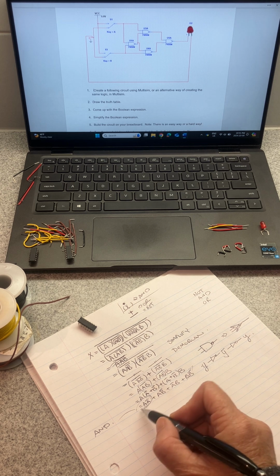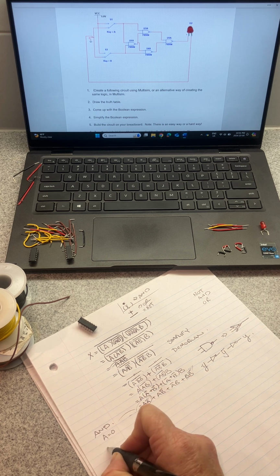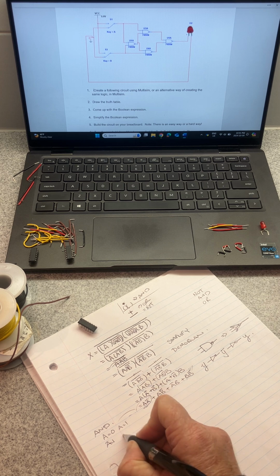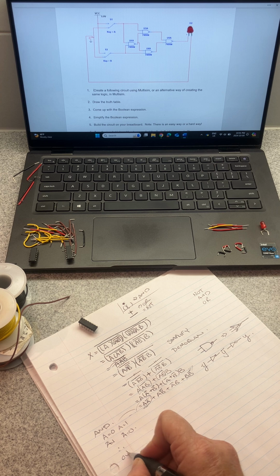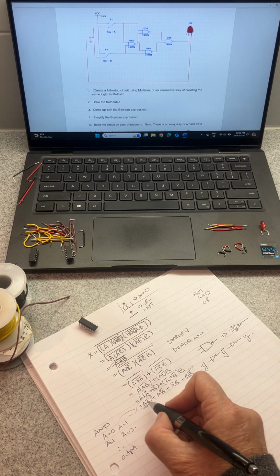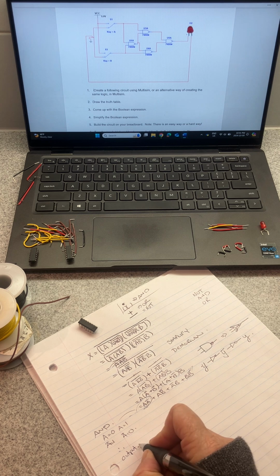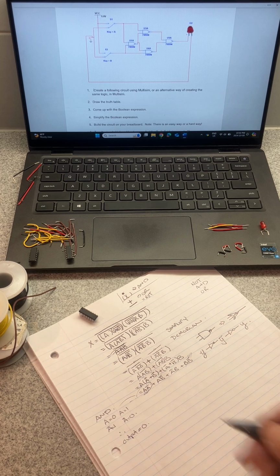Well, obviously both inputs are not high here. If A is equal to 0, then A bar is equal to 1, or A is equal to 1 and A bar is equal to 0. Therefore, the output of this particular term in this expression is going to be 0, because A and A bar can't both be 1.